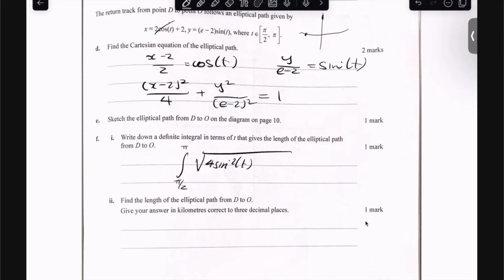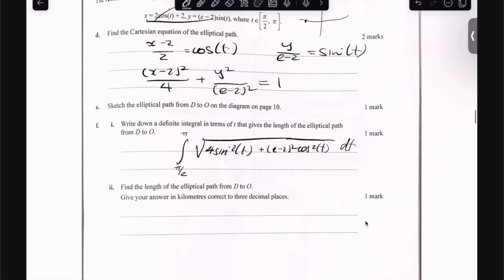That's the derivative of x with respect to t, and then plus e minus 2 squared cos squared t dt.